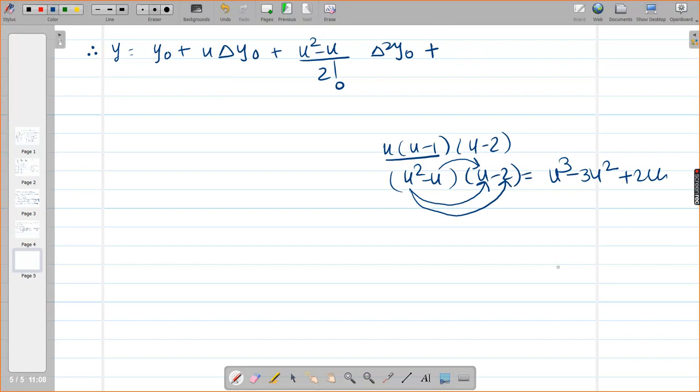Have you understood it? This is just expansion I am doing. u cube minus 3u square plus 2u divided by 3 factorial into delta square y naught. Okay, delta cube. Sorry. It is delta cube y naught.